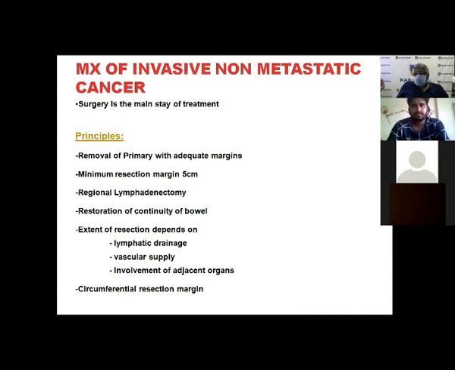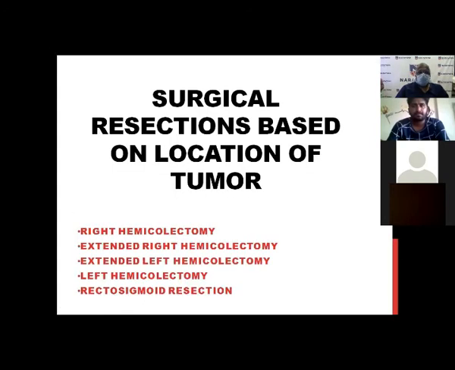Tail and spleen can be removed in some cases. Minimum resection margin of 5 cm. Regional lymphadenectomy. Restoration of continuity of the bowel. Extension of the resection depends on the lymphatic drainage, the vascular supply, involvement of the adjacent organ, and circumferential resection margin. This is in general principles, but we will talk about it at various levels.